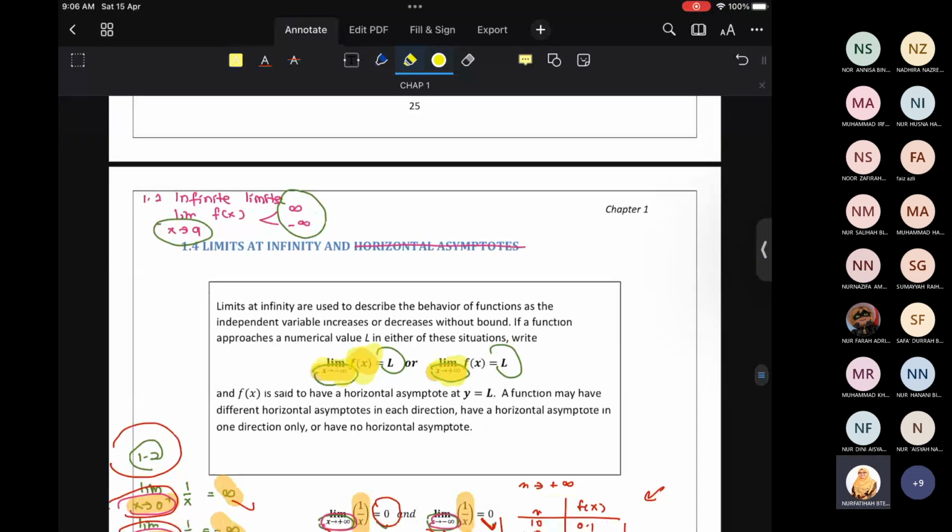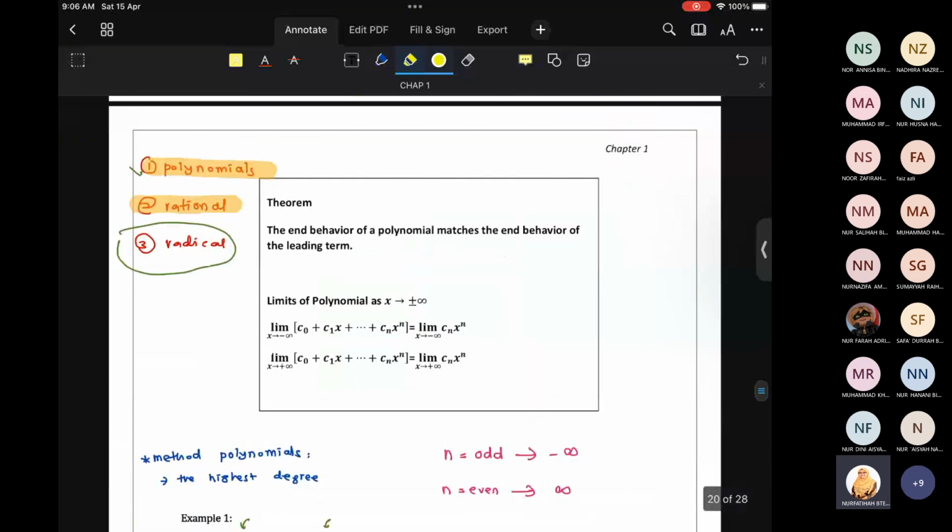For this one, we have three cases. The first one kita ada polynomial and the second one kita ada rational. Polynomial and also rational is very easy for you to find the limits. Macam mana nak cari limit polynomial dengan rational untuk limit at infinity?